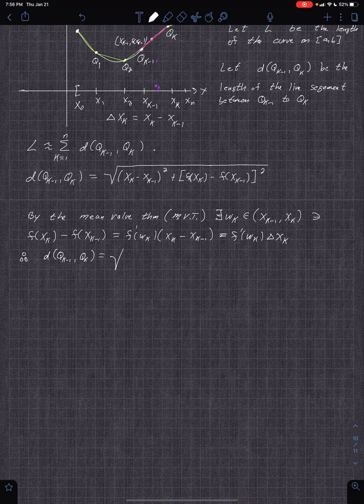the square root of, and you see what this will allow us to do, that's delta x sub k, and then we're replacing this with this. That allows us to factor out the delta x sub k. So this is delta x sub k squared plus f prime of w sub k delta x sub k, and then that whole thing is squared.